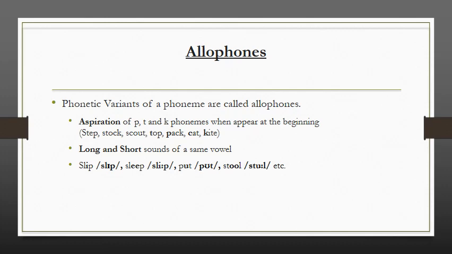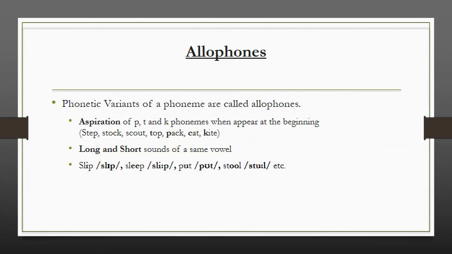It means that if there is some variation of a phoneme, whether in its pronunciation, its written form or anything else, all those variants would be called allophones. I repeat, the phonetic variants of a phoneme, whatever the number of those variants is, we call all those variants allophones. That was the definition of allophones.